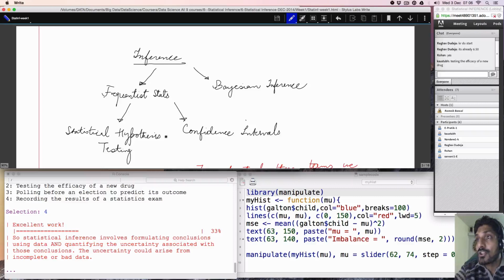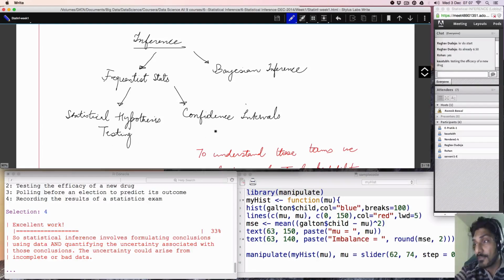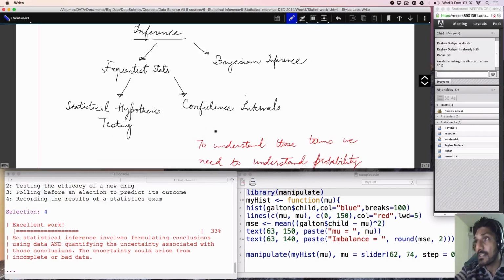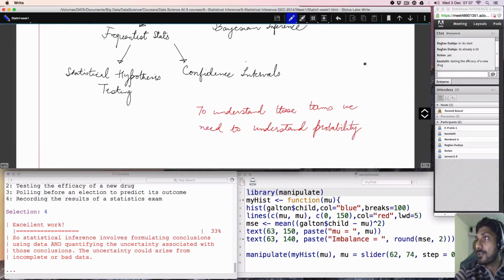In frequentist statistics, there are two parts. One is hypothesis testing, which is what typically you've learned also, right? And second is confidence intervals. And then there's Bayesian inference. So for all of these terms, we need to understand probability first. That's why we say, okay, first we'll jump to probability.